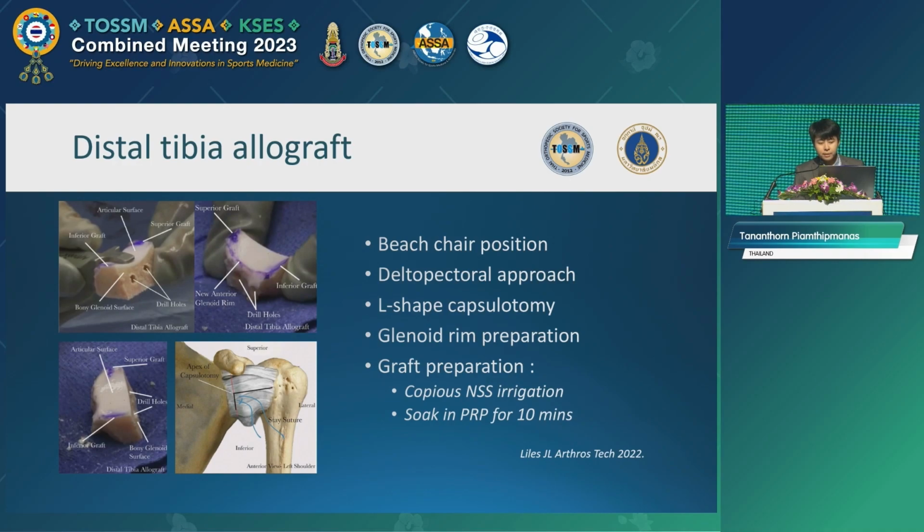After glenoid rim preparation, the graft is prepared, and he soaked the graft in PRP for 10 minutes to improve graft viability and healing.